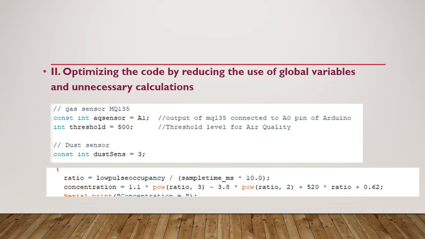And by reducing the unnecessary calculations, the system can save processing power. So instead of using global variables, we try to use the variables locally. We try to pull all the global variables into local variables. So these are the two improvements that we can make for the simulation that can improve the system.